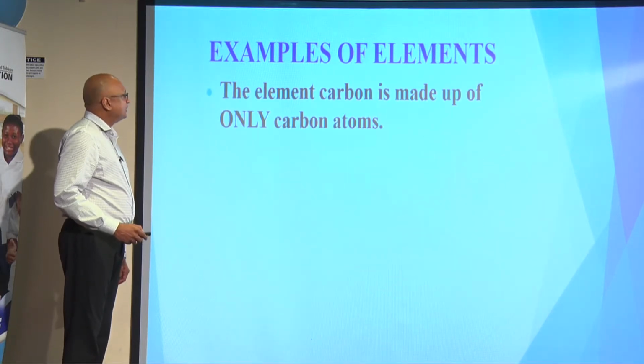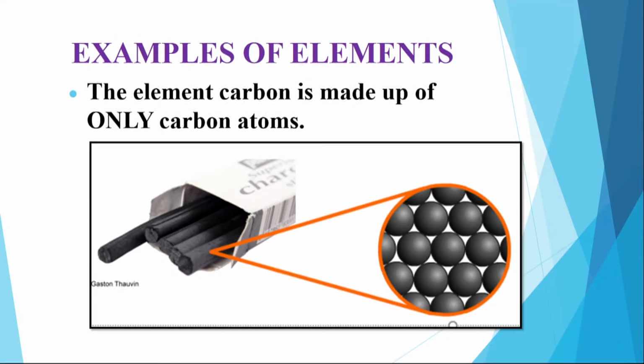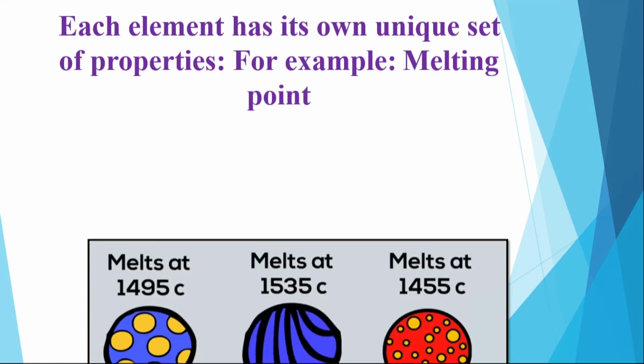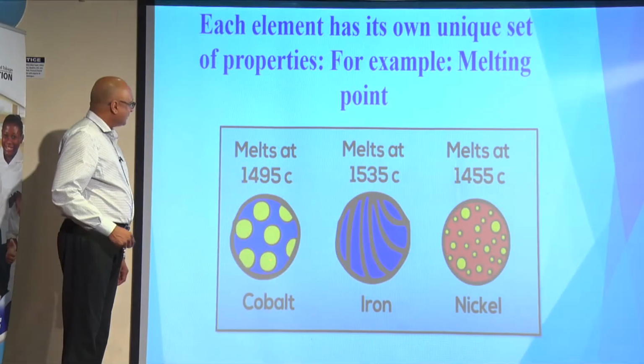Another example, carbon. The element carbon is made up of only carbon atoms. Each element has its own unique set of properties. For example, melting point. As we can see in the picture here, you have cobalt, all cobalt atoms.